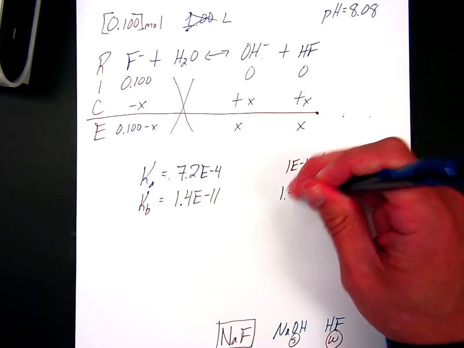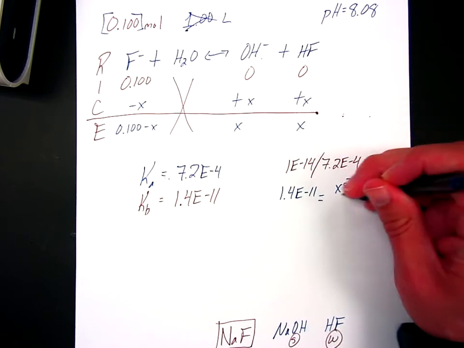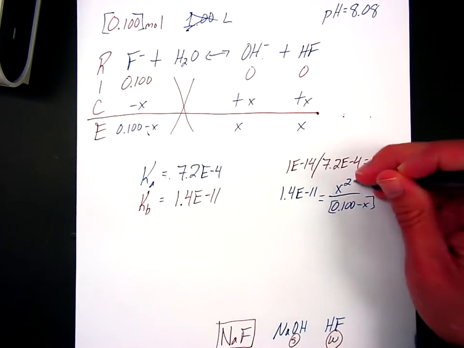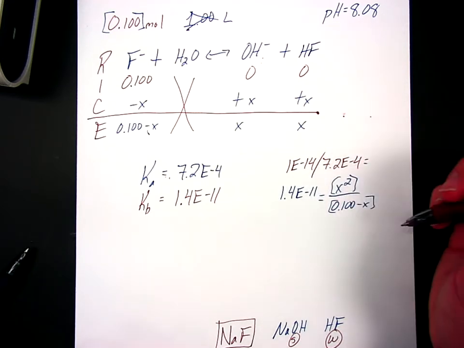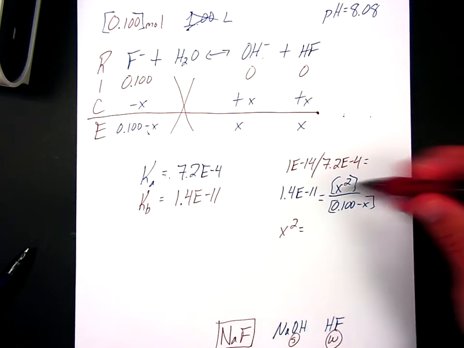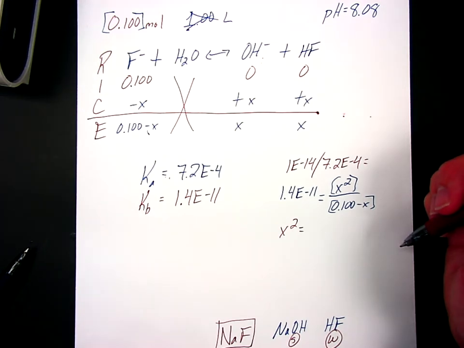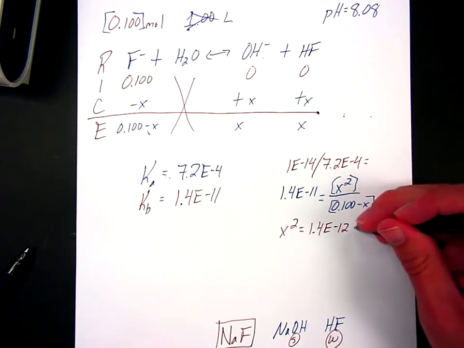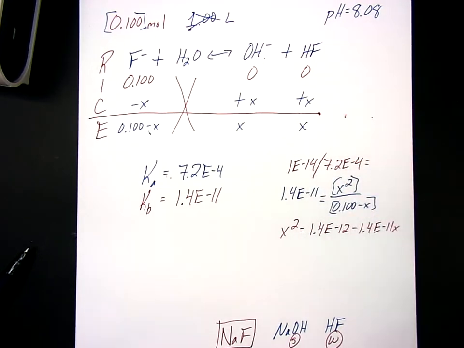So I'll go 1.4 E negative 11 equals my products, or these two X's, over my reactant, which is 0.1 minus X. I'm going to simplify this, and I'm going to get X squared equals, this will distribute, which is going to come out to 1.4 E negative 12 on the first distribution, minus 1.4 E negative 11X on the second distribution.